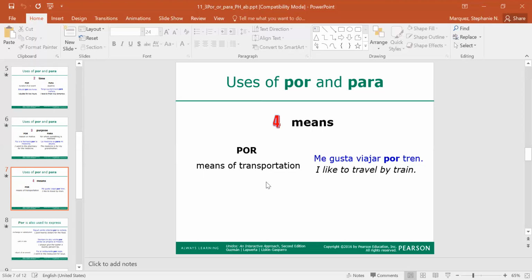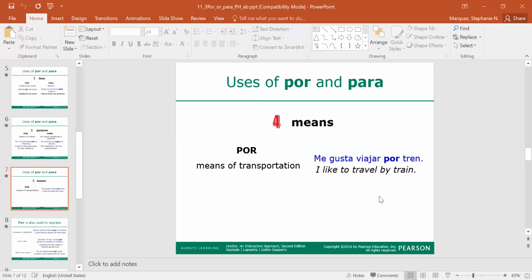It can be por tren, by train. So think about this as by car, by train, by plane. So in this sentence, me gusta viajar por tren. I like to travel by train. If you wanted to say, I like to travel by airplane, meaning the airplane is your means or mode of transportation, you would say, me gusta viajar por avión.